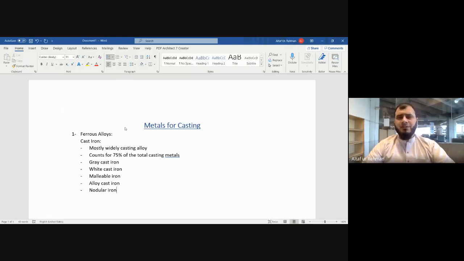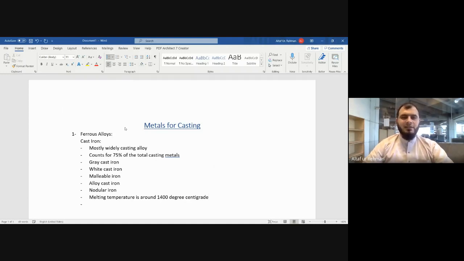Okay, so these are different types of cast iron. The melting temperature of all these types of cast irons is somewhere around 1400 degrees centigrade. That's quite high, but when we compare to steel, it's comparable and it's okay.